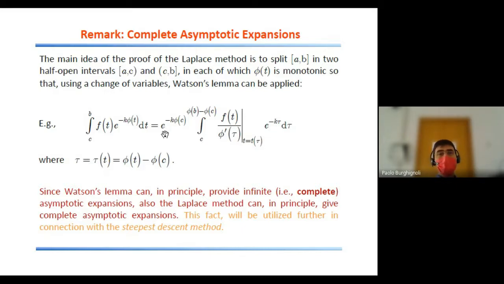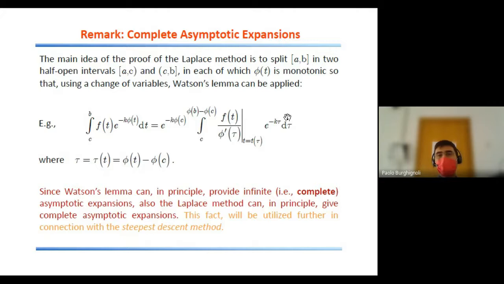Second, this exponential has popped out of the integral, so you have e to minus k times phi evaluated at c. Then the integration limits have changed, but above all, you have the term phi prime of tau that comes from the Jacobian of the change of variables. Okay, so in this case, you are now in the condition of using Watson's lemma.